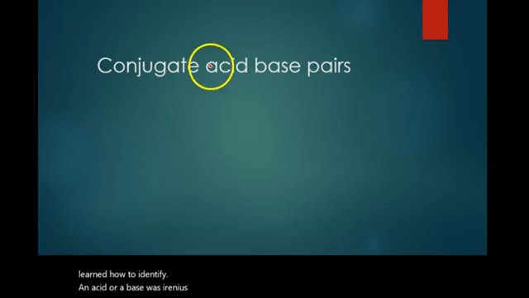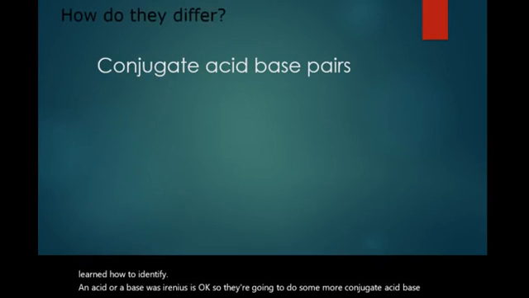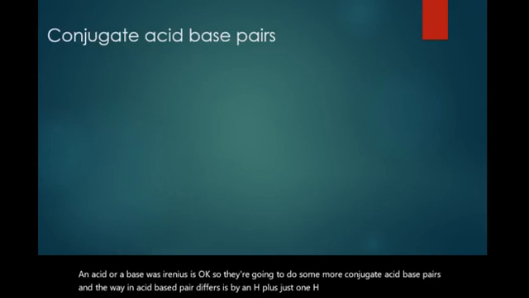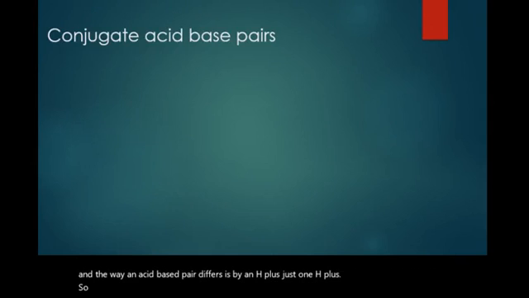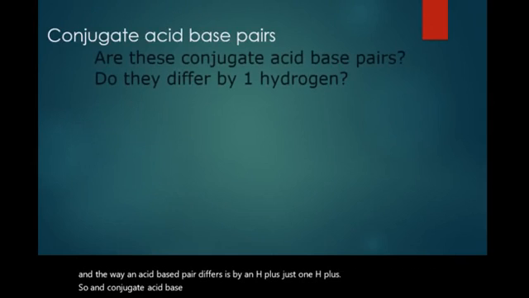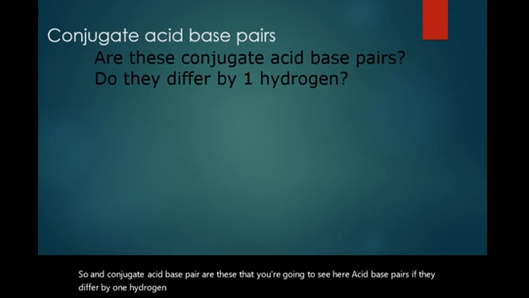Okay, so they're going to do some more conjugate acid-base pairs. And the way an acid-base pair differs is by an H+, just one H+. So a conjugate acid-base pair are these that you're going to see here. If they differ by one hydrogen, then the answer is yes.